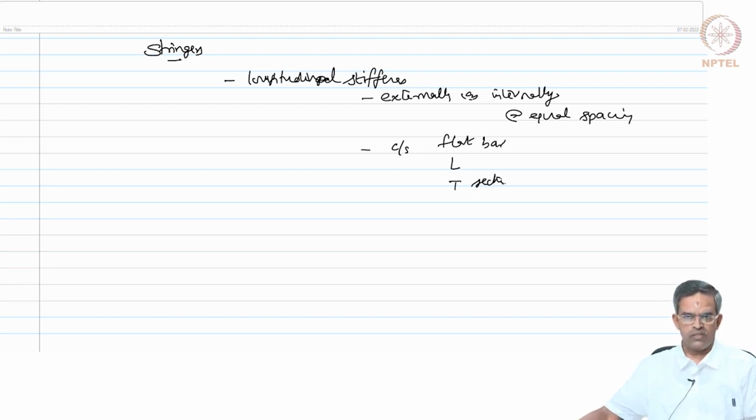The geometric distortion and residual stresses are some of the common problems which you have heard in steel structures, which commonly occur under the welding process.